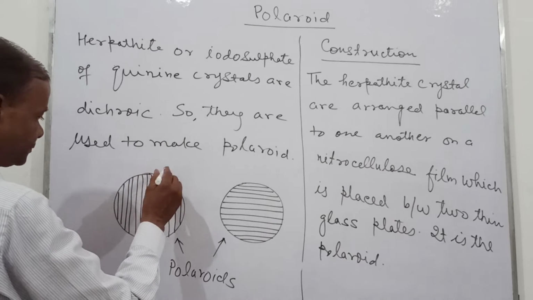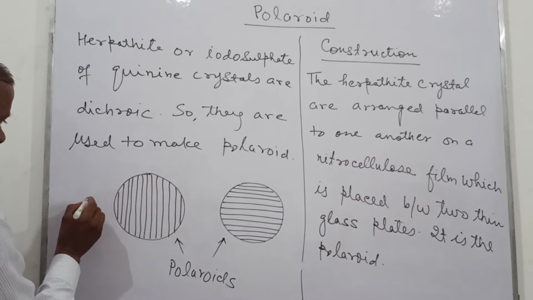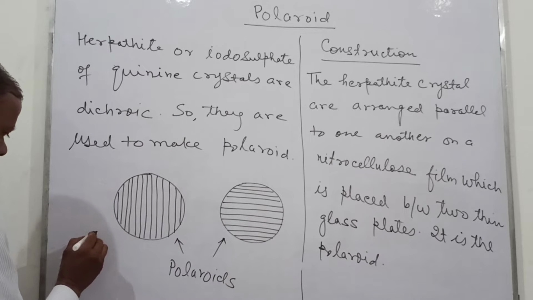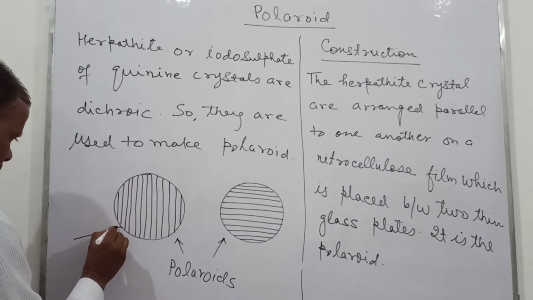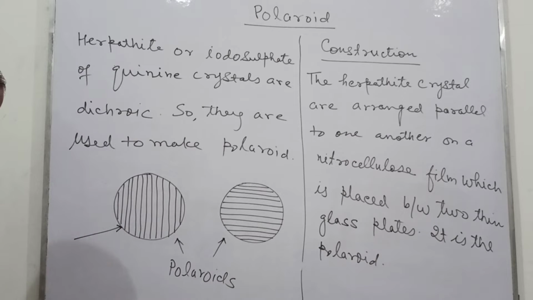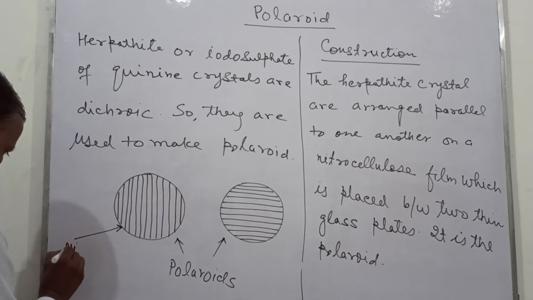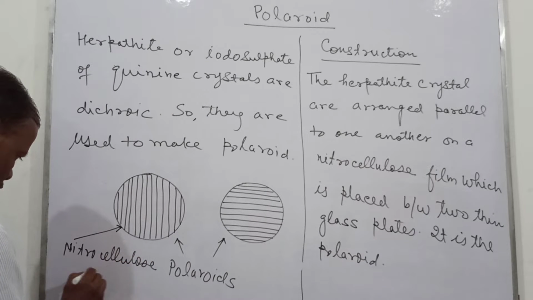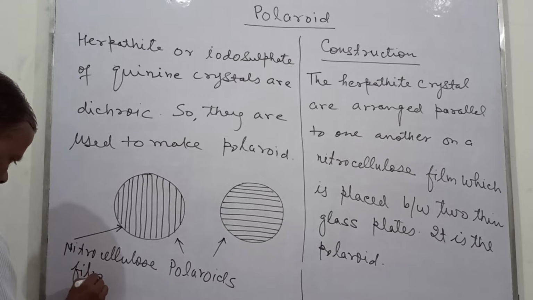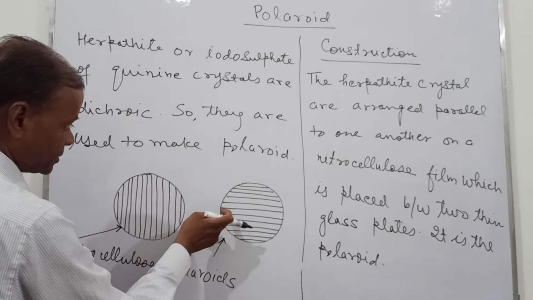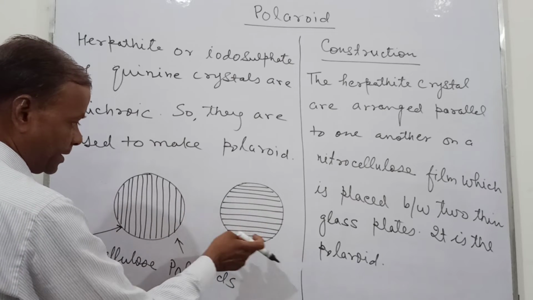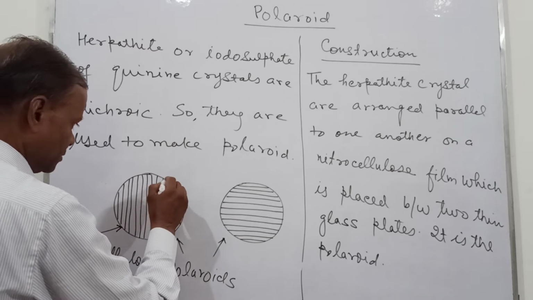This circle that I have made is the nitrocellulose film, and the lines that I have drawn are the crystals. They are the optic axis, so these are the crystals.